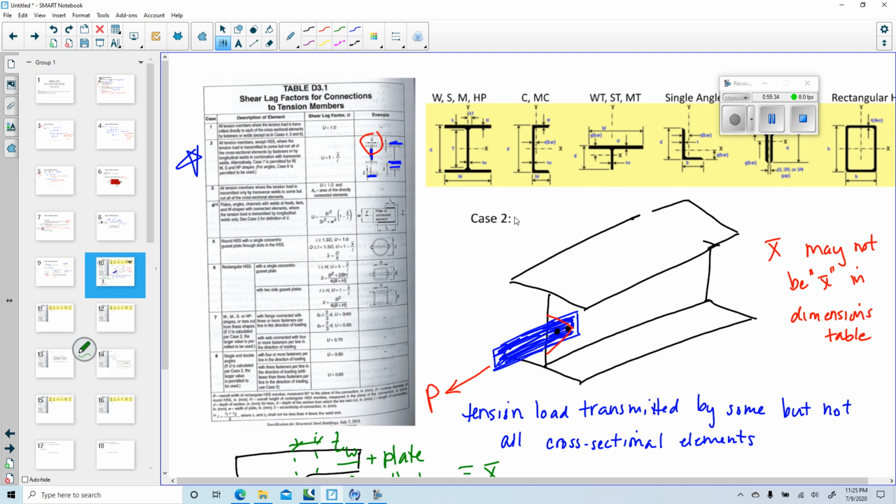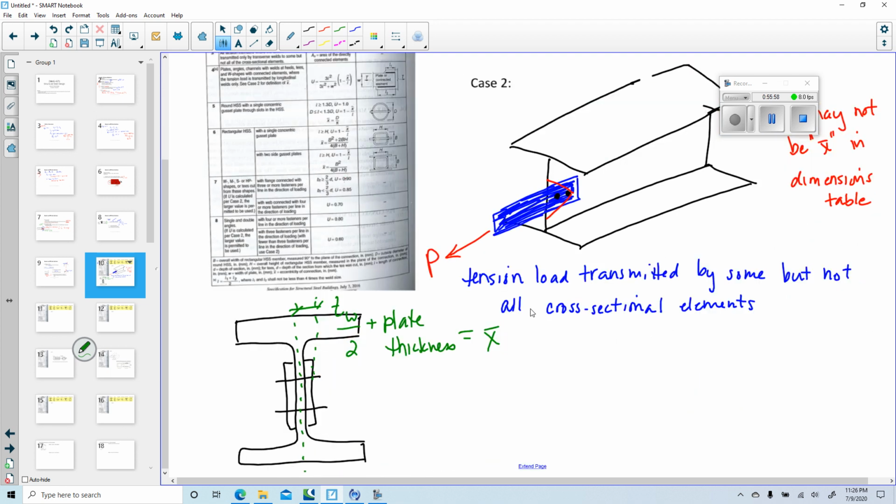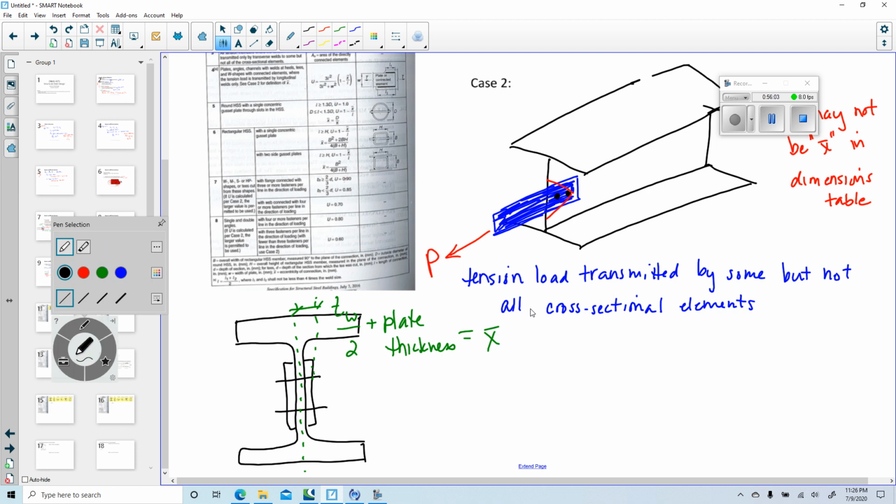Like if we look at this case right here, either the flanges or a T with the flanges, it says use this. Here, I'll draw a T.